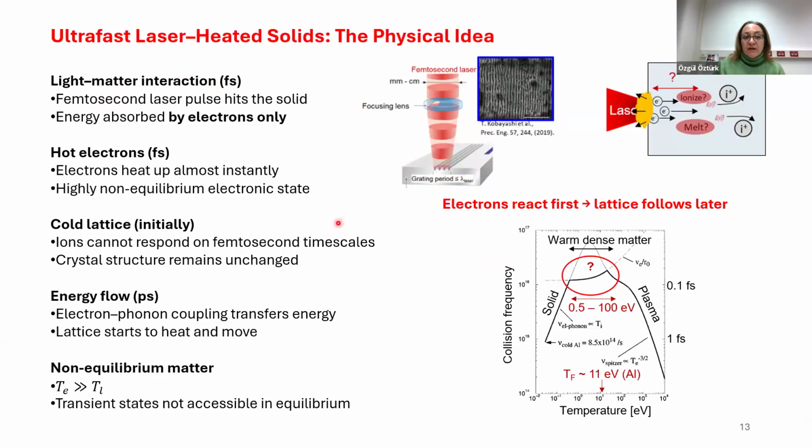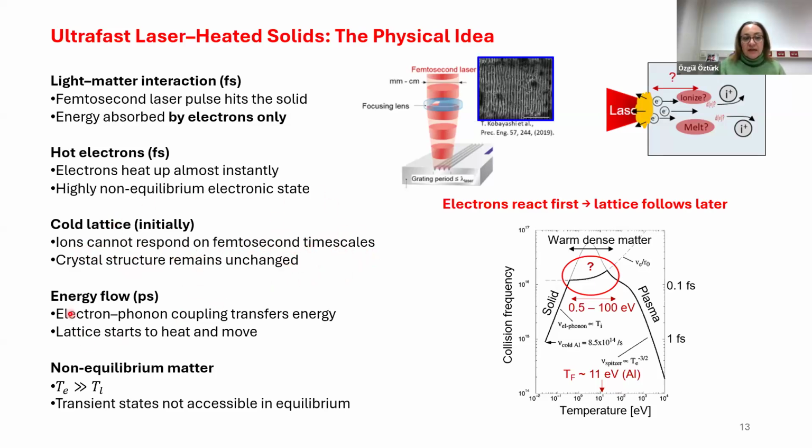Then we have hot electrons, and this causes a highly non-equilibrium electronic state. Then the lattice is cold, and ions cannot respond on femtosecond time scales, so crystal structure remains unchanged initially.